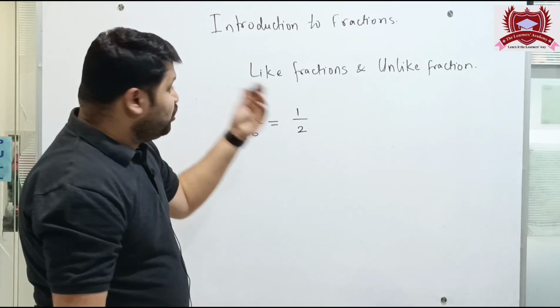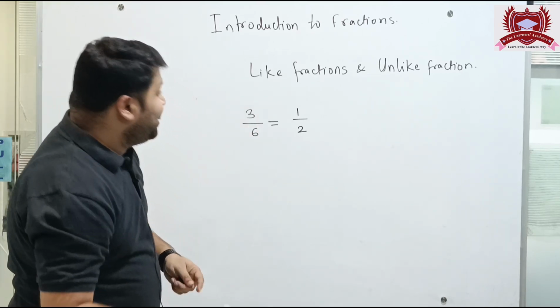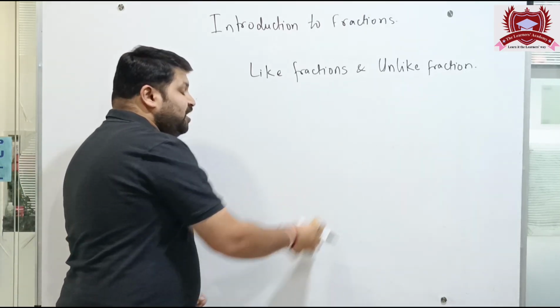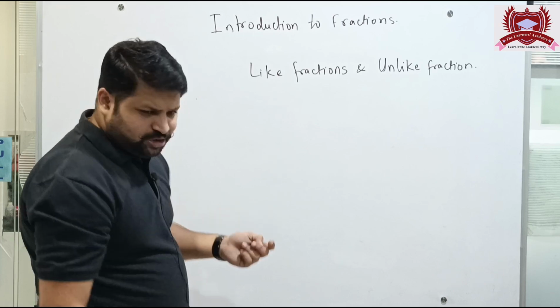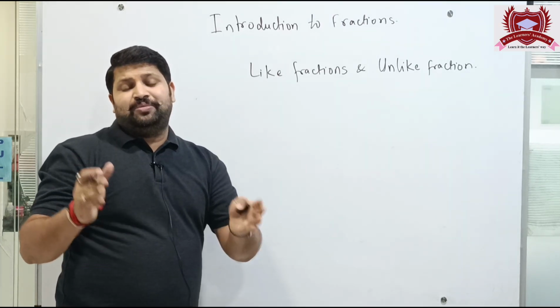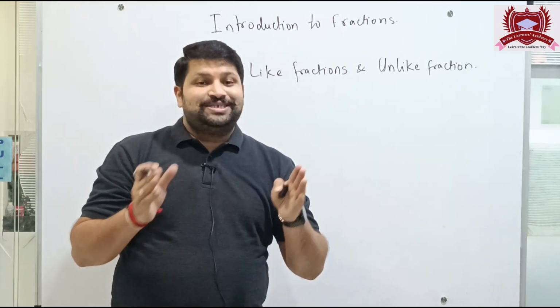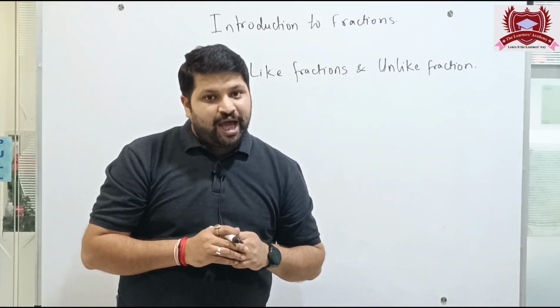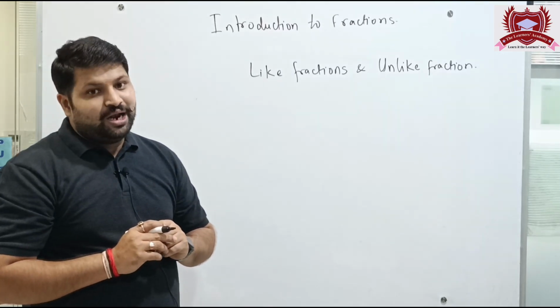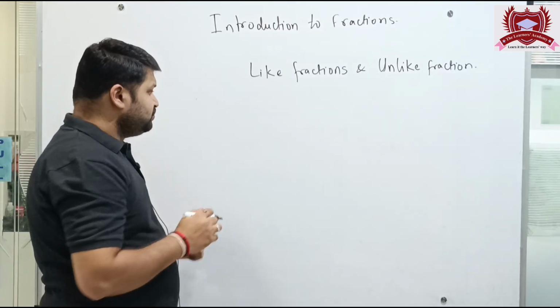Now let's go ahead and talk about like fractions and unlike fractions again. So if I consider two fractions in their simplest form and their denominators are the same, they would be called like fractions. And if their denominators are different, they would be called unlike fractions.